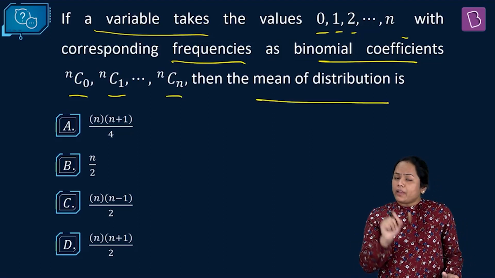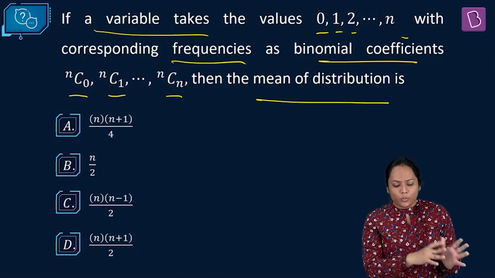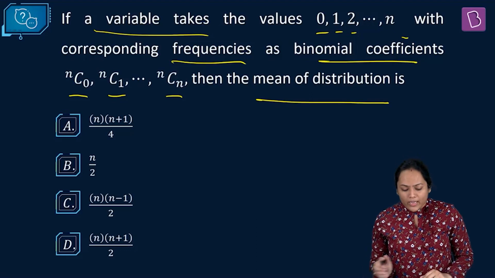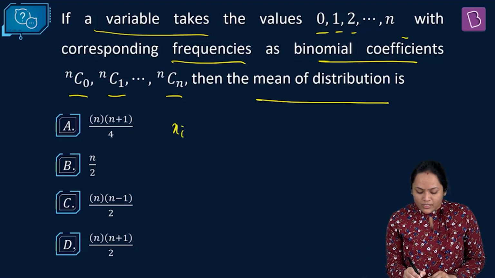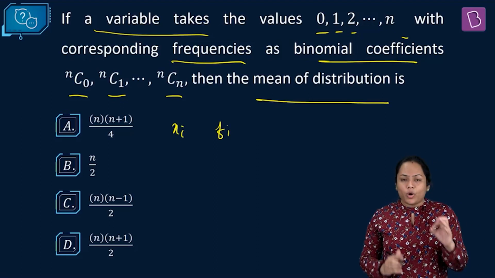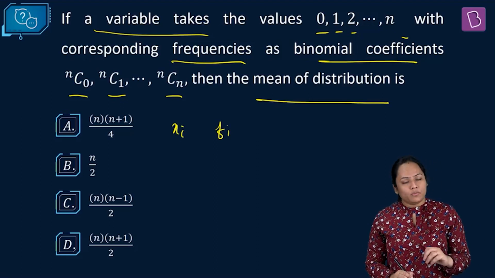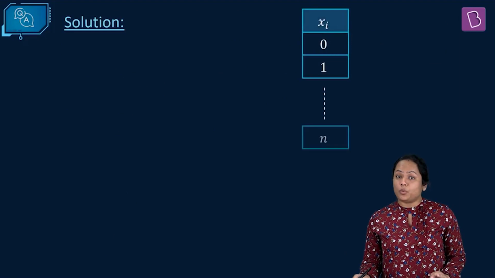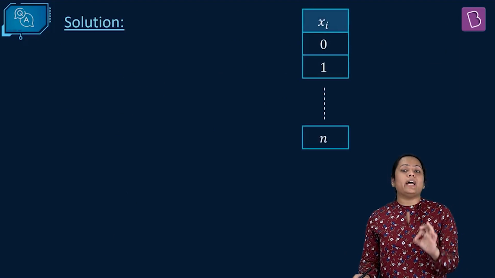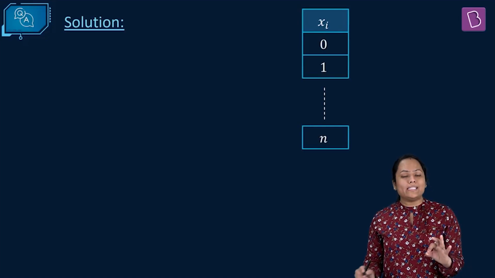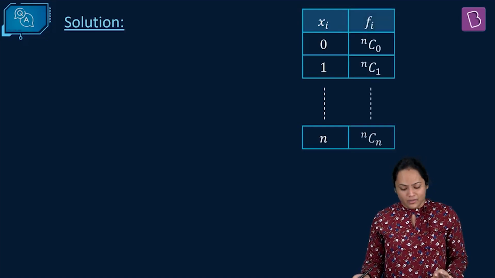So guys, if frequency is associated with the variable, do you remember what is the formula for mean? Well, I have some xi's with me. I have fi's also with me. Let's quickly see what will be the formula which can be used here. So I have xi's from 0 to n is what they have mentioned. Also, I have fi's which are the binomial coefficients that were NC0, NC1 till NCn, right?